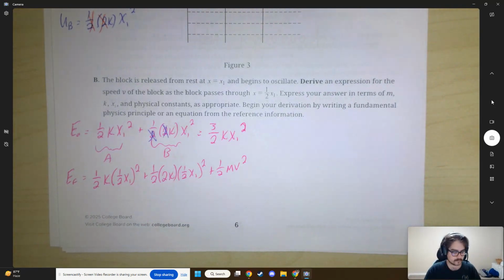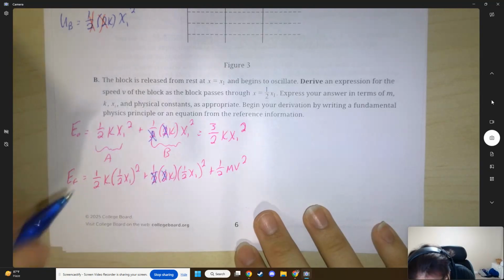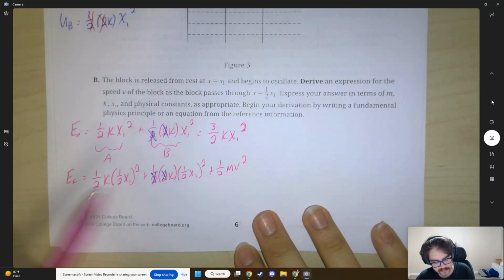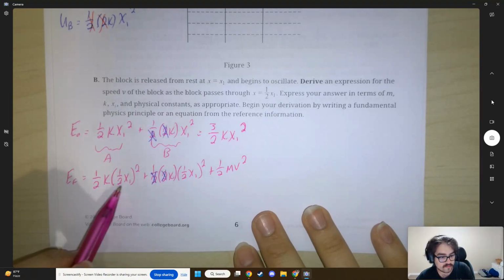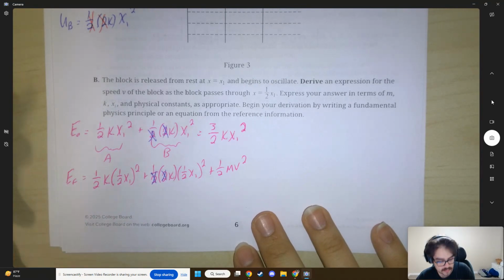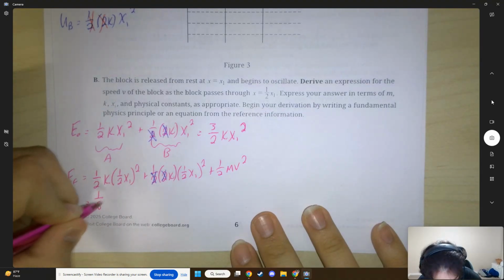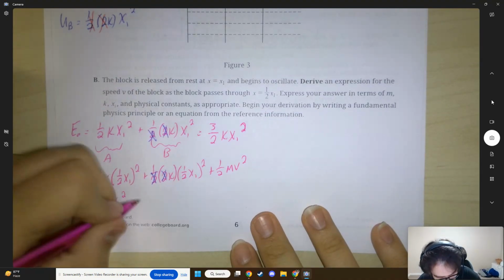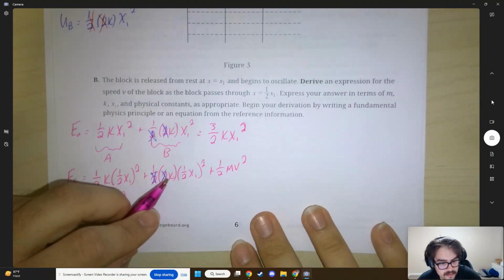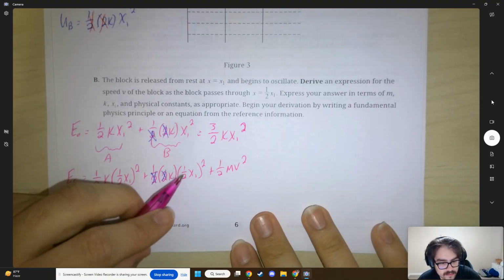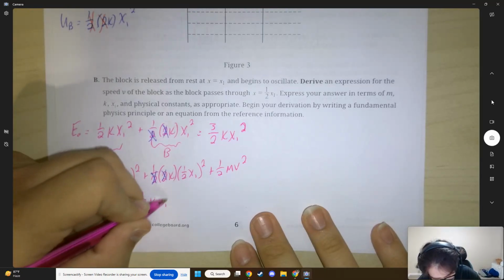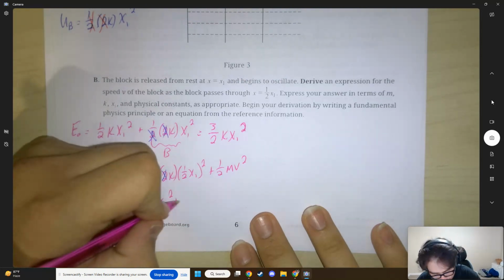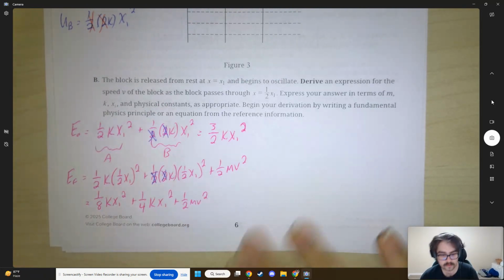This looks kind of ugly. The first part, squared, is 1/4, which gives 1/8 k x sub 1 squared. The second part is k times 1/4, so plus 1/4 k x sub 1 squared. And then this is just 1/2 m v squared.